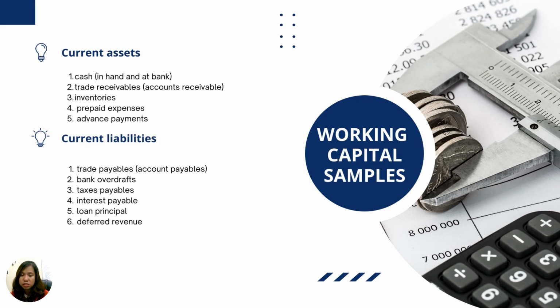It includes the trade payables or accounts payable, bank overdrafts, taxes payable, interest payable or loan principal that must be paid within the year, deferred revenue such as advance payments from customers for goods or services that are not delivered, etc.